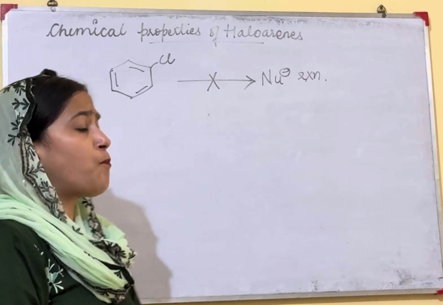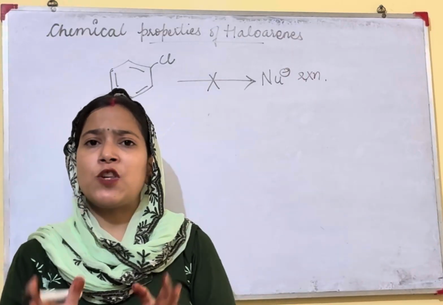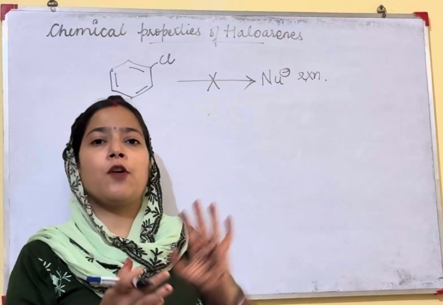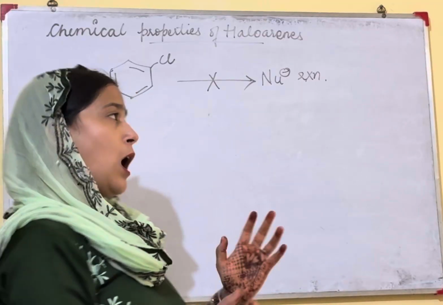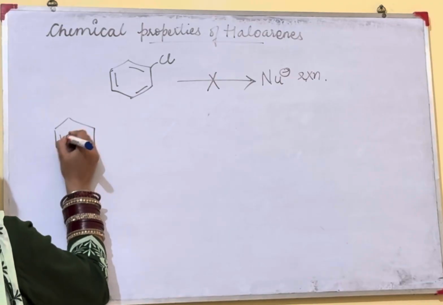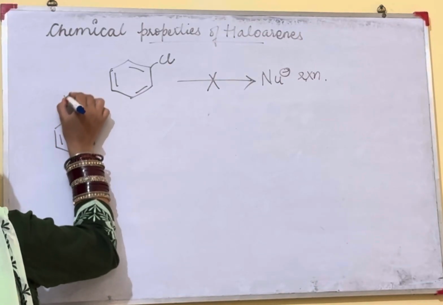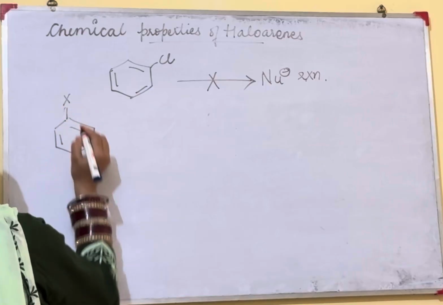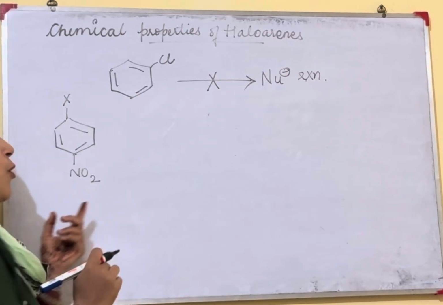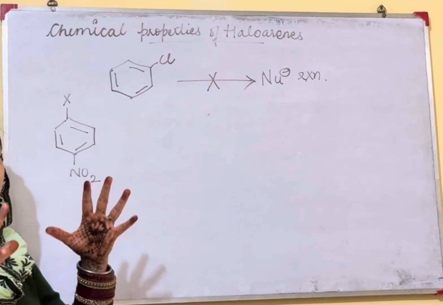Now, there are certain groups which will make it electrophilic, and then nucleophilic reactions will take place. How? When we place a nitro group, if this is the halogen, and we keep an NO2 group here, this NO2 group is an electron withdrawing group.